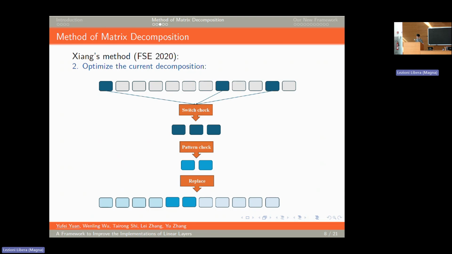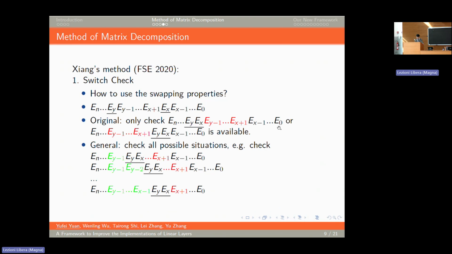They first generate a decomposition and enumerate all subsequences with length 2 or 3, check whether any of them can be moved into adjoining positions, check which of them match the reducing properties, and finally replace them with a less XOR implementation.